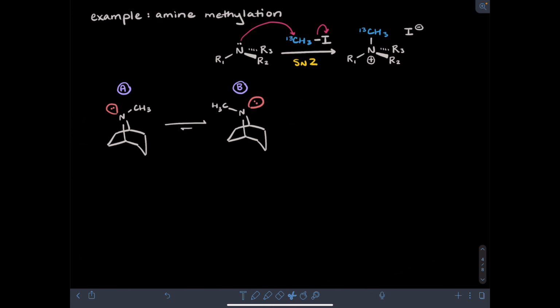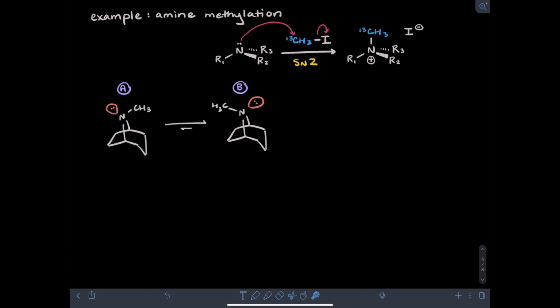Let's consider two specific amines, which I've labeled A and B. In the case of A, the methyl group is pointing toward the right over this 3-carbon side of the molecule, and the lone pair points to the left over the 2-carbon side. In B, the placement of the methyl group and the lone pair has changed.